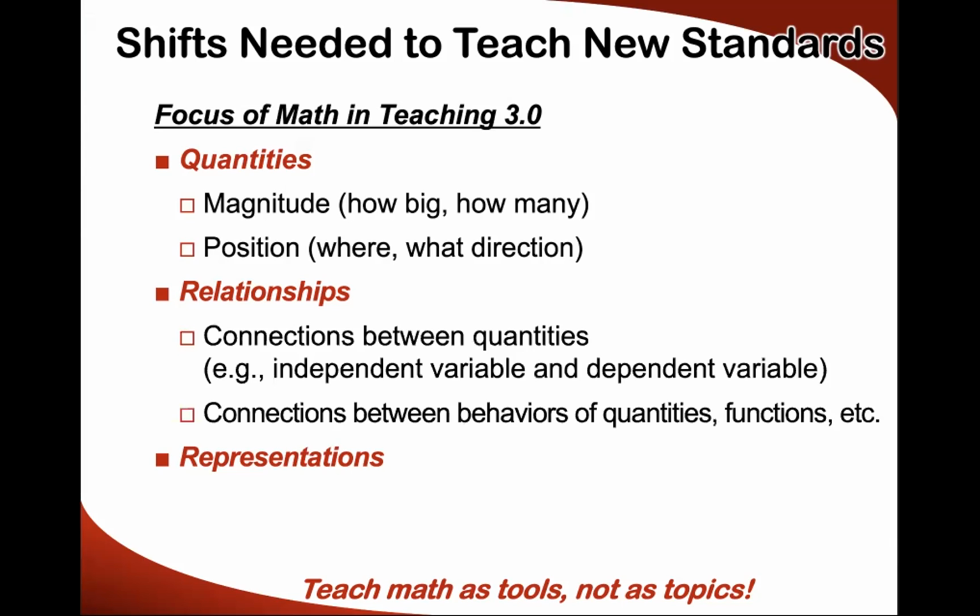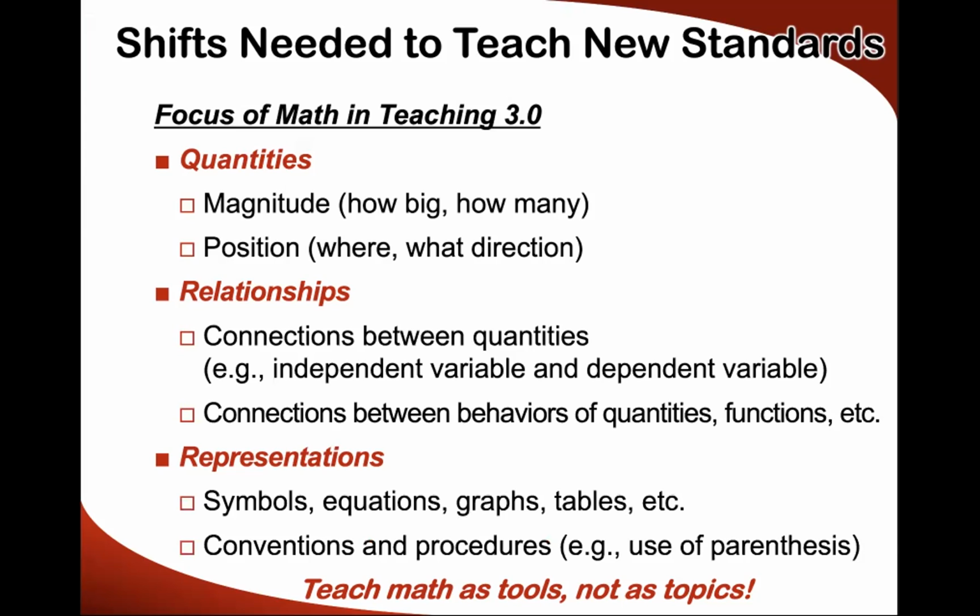Relationships deal with the connections between the quantities. How are they related? Where's the maximum? Where's the minimum, et cetera, right? And then finally, the way we represent them. We use graphs, tables, charts, equations, and symbols. The big sigma symbol is a symbol that to us means the sum.